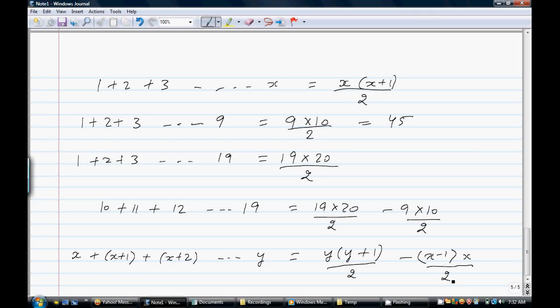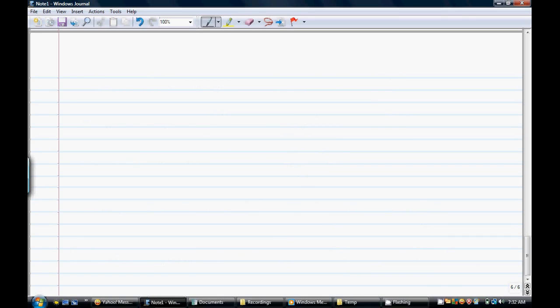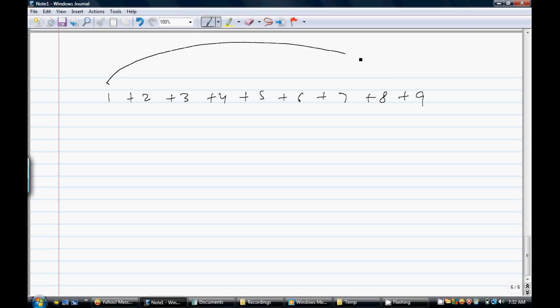If you don't want to cram this formula and want to understand how it was generated, let's go to the series again. So we have 1 plus 2 plus 3 plus 4 plus 5 plus 6 plus 7 plus 8 plus 9. You can see that the numbers 1 and 9 add up to be 10.